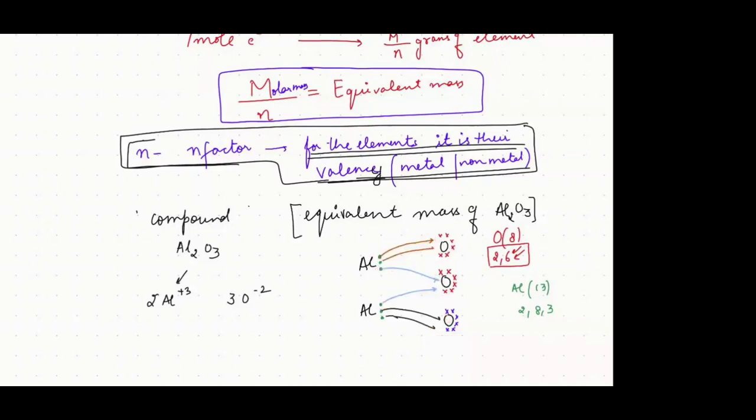What do you understand from this? That how many electrons are being transferred in totality? Because when this entire thing happens, then only Al2O3 is formed. So what would I say?